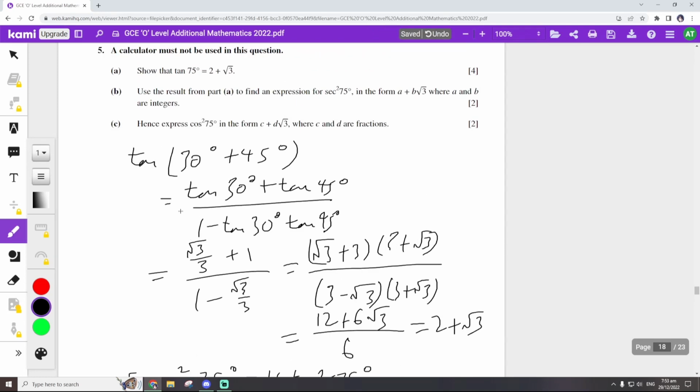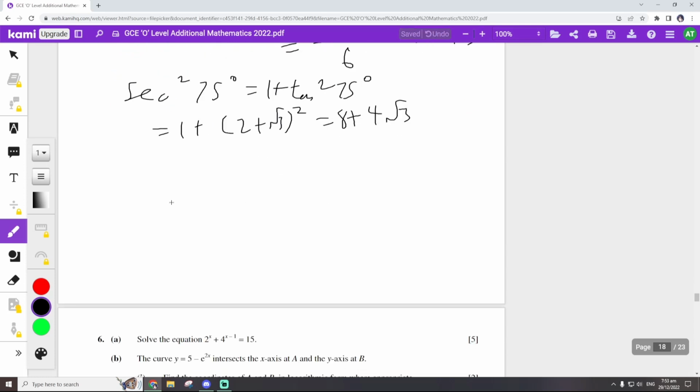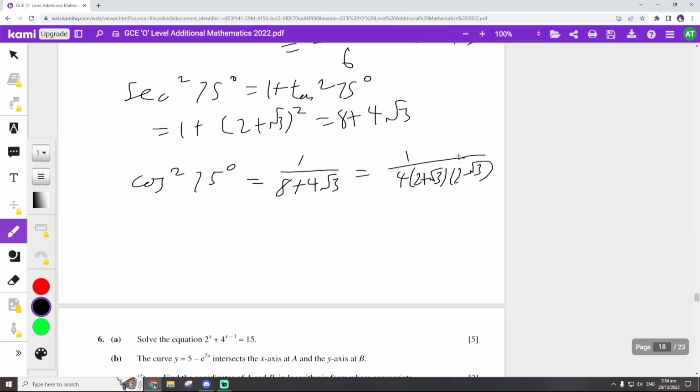Hence express cosec² 75 degrees in the form C plus D root 3, where C and D are fractions. Oh wow. I'm very surprised by this question. So many easy parts. This is just the reciprocal, which is the quarter of, how about I write it this way? 2 plus root 3, multiply by the conjugate, 2 minus root 3.